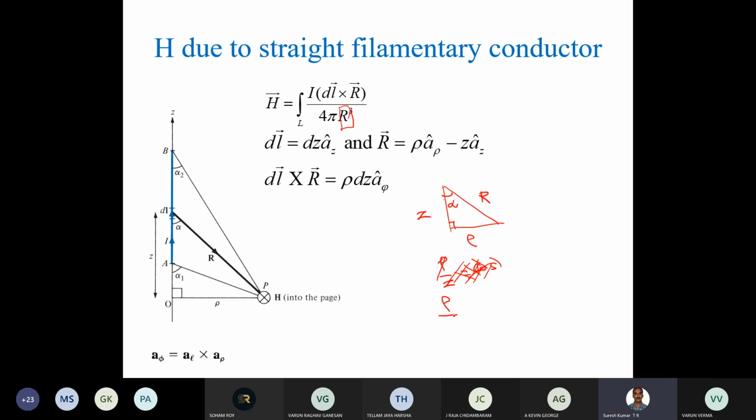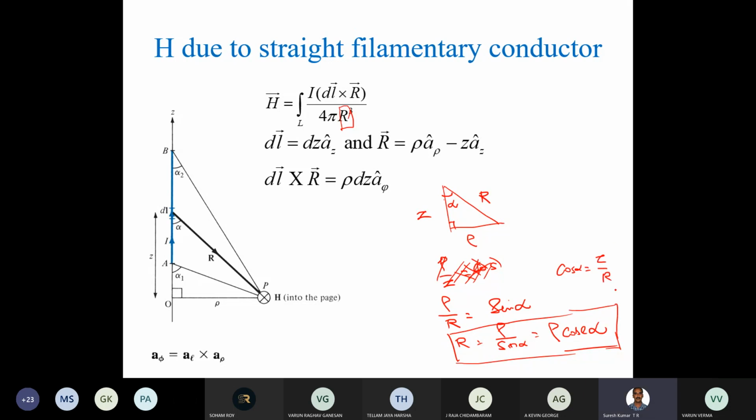Now let us write the formula for sine. Rho over r is sine alpha, or you can say r equals rho over sine alpha, so rho into cosecant alpha. The reason I am taking sine alpha instead of cos alpha is that cos alpha is z over r, and again the z term comes.